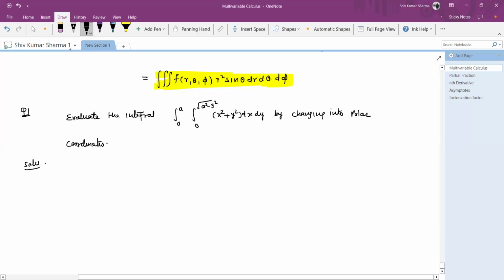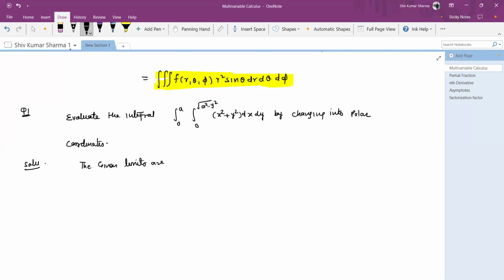This given form is the Cartesian form. Now we want to change into the polar form. So the given limits are: the first limit is a purely constant limit, the second limit is a variable limit in terms of y.